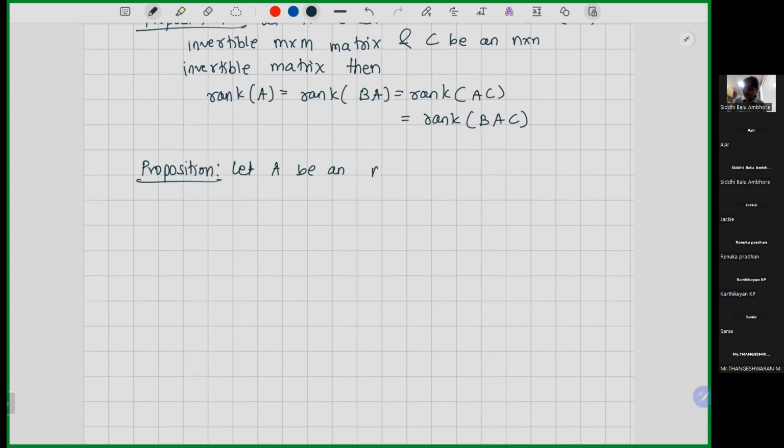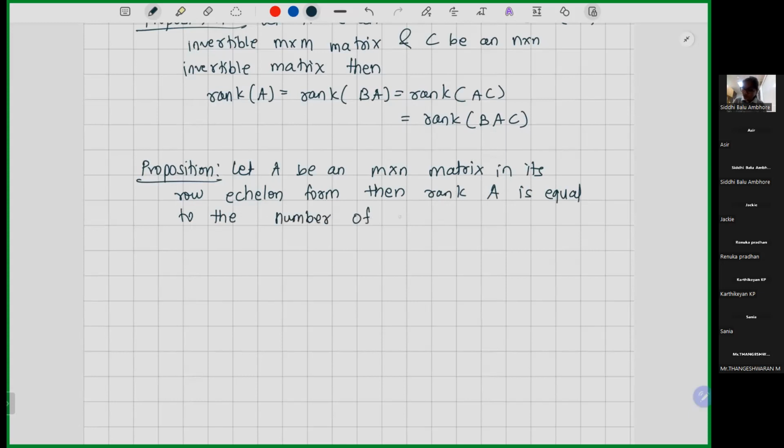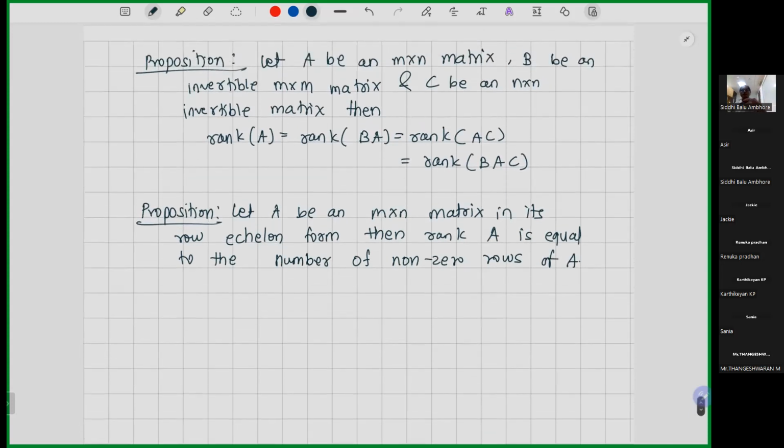If an M cross N matrix A is in row echelon form, then rank of A is equal to the number of non-zero rows of A. So if I have matrix A in row echelon form, the number of non-zero rows gives me the rank of the matrix.